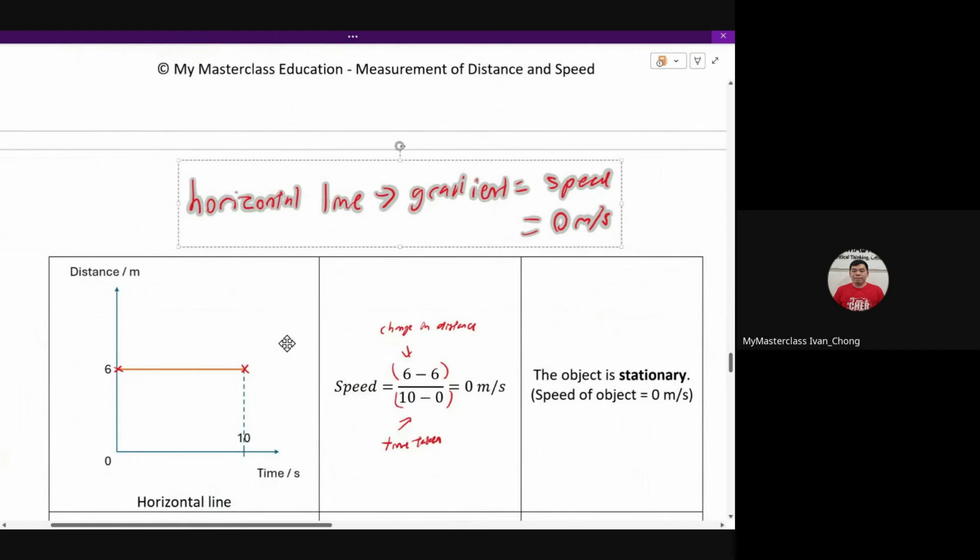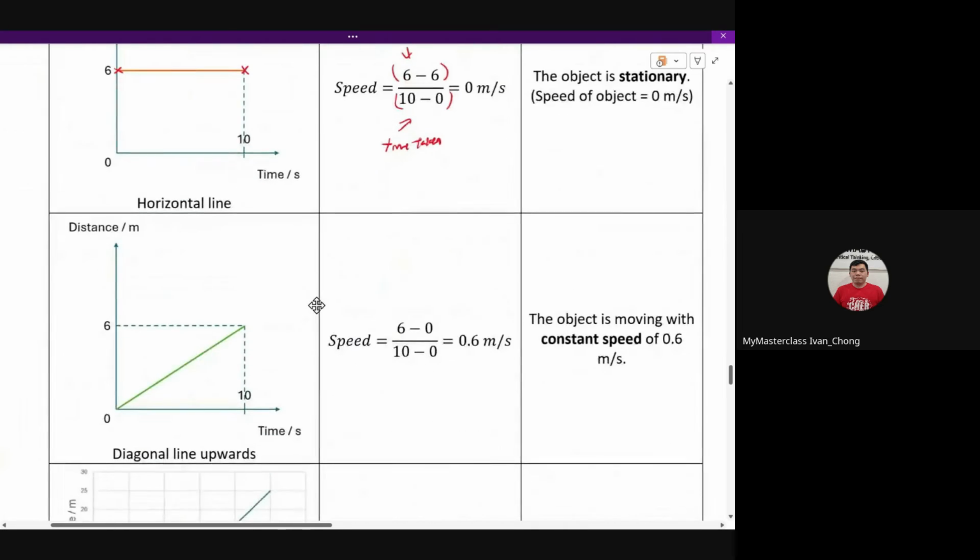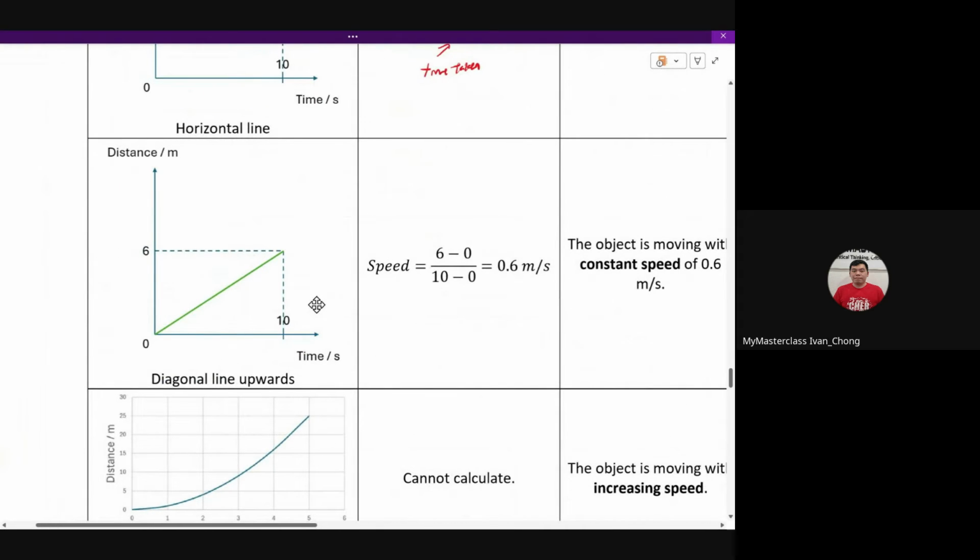Now, on the other hand, this is a diagonal line upwards. Just take note: a diagonal line upwards means we have a constant gradient. How do we describe this movement?